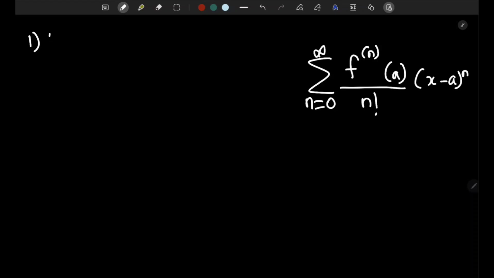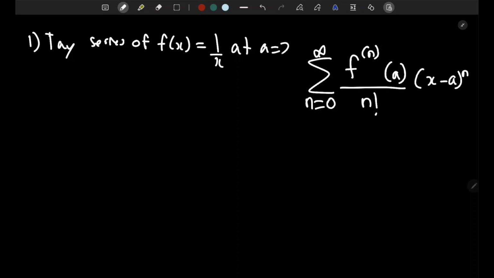So we need to find the Taylor series of the function f of x equals 1 over x at a equals 2.